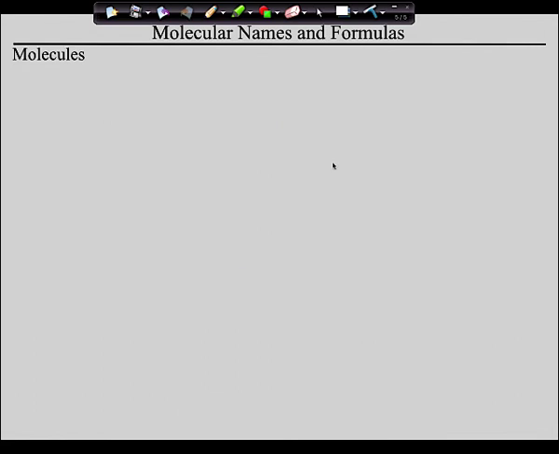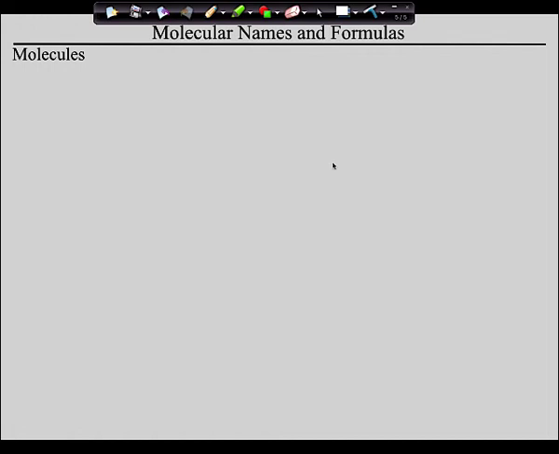So guys, check this out. You'll figure this out. What atom pairings create salts? Metal to nonmetal, or metal to polyatomic ion. Now guys, what atom pairings create molecules? Non-metal to non-metal, or hydrogen.